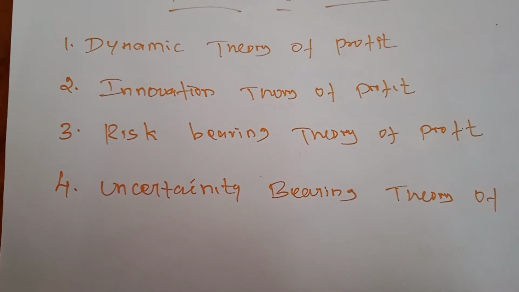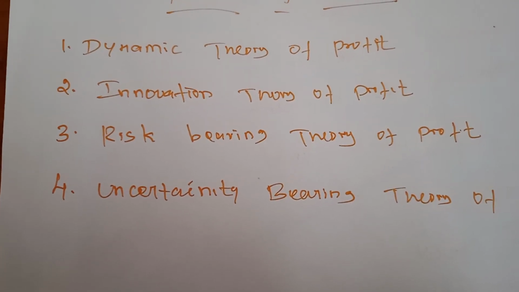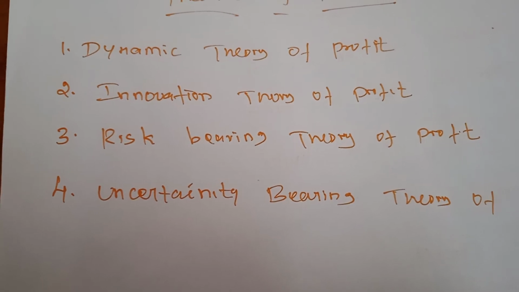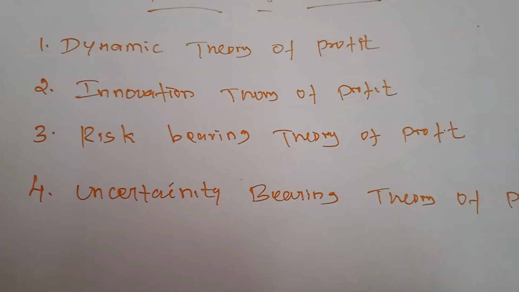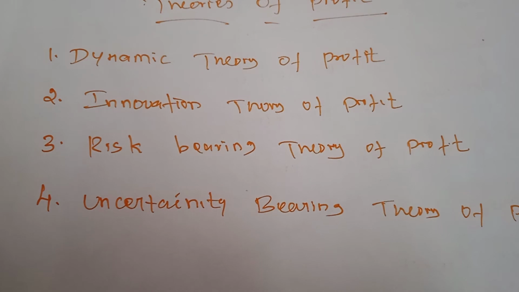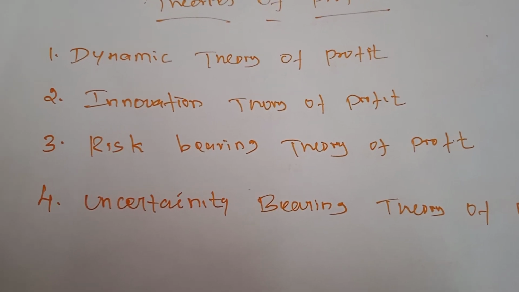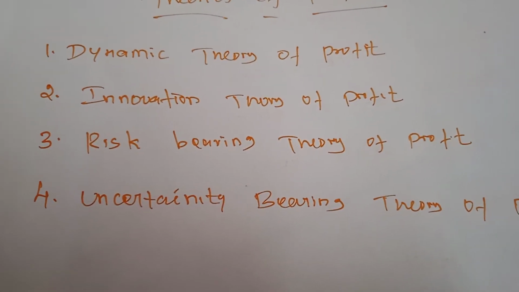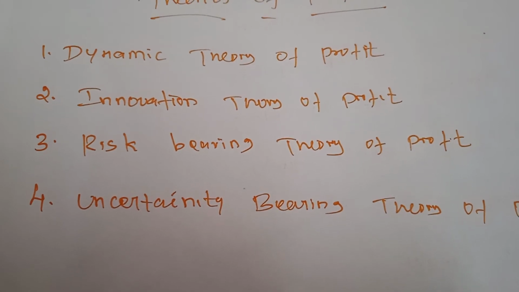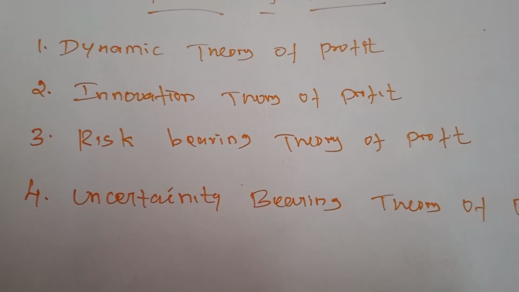If a good entrepreneur introduces new products in the market over time, the public will have interest in consuming those commodities. At that time, the producer has more chance of fixing the price for his own commodities, and because of that, he can earn more profit.